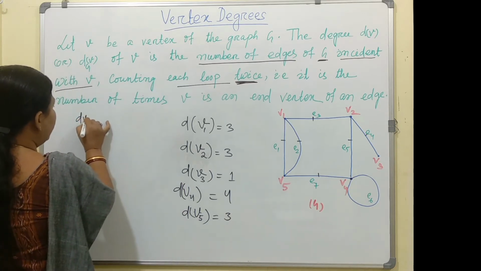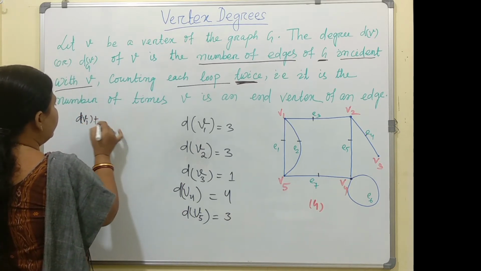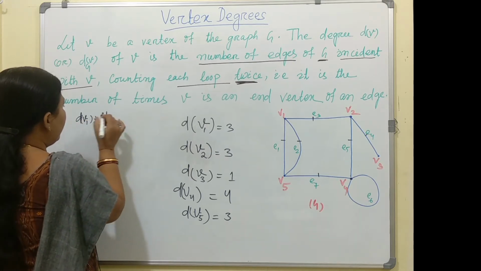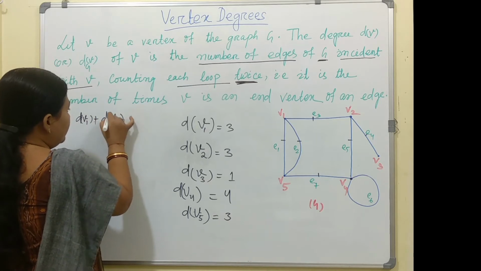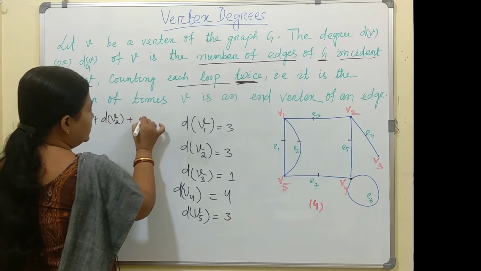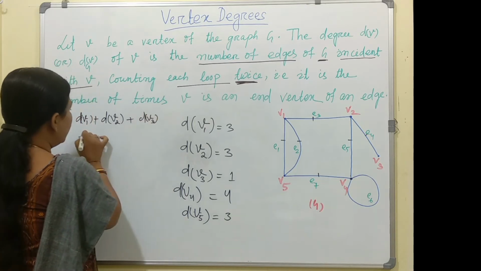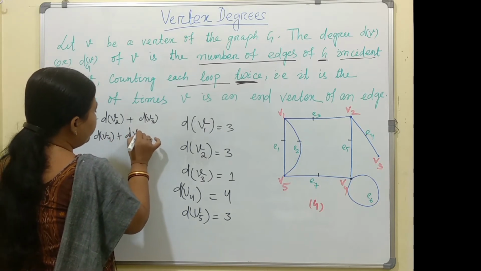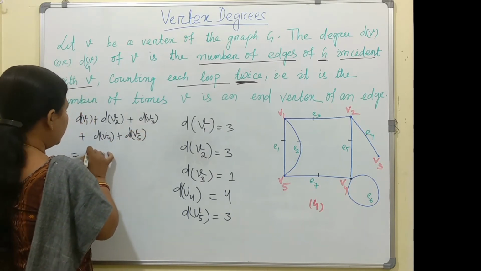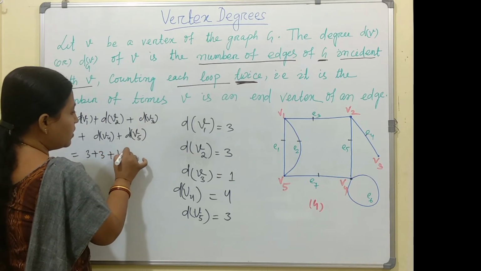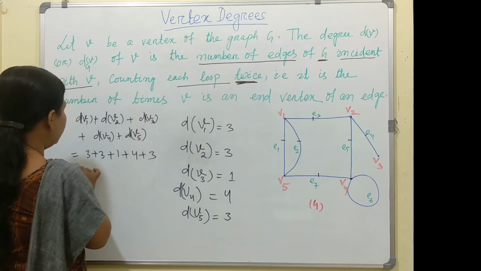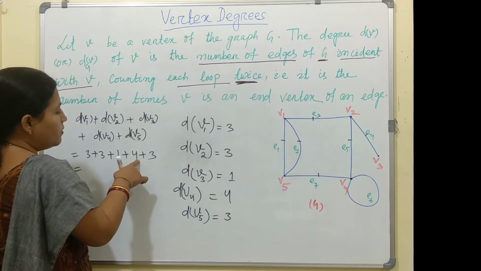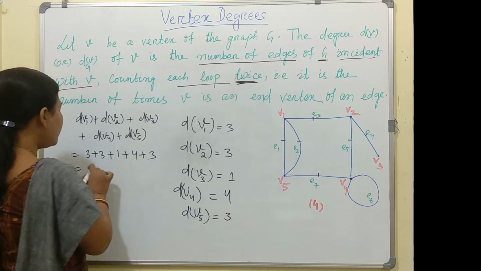Now come to adding all the degrees of vertices. If we add the degrees of vertices, we get the value related to the number of edges. See that degree of V1 plus degree of V2 plus degree of V3 plus degree of V4 plus degree of V5 is equal to 3 plus 3 plus 1 plus 4 plus 3, that is 3 plus 3 is 6, plus 1 is 7, plus 4 is 11, plus 3 is 14.